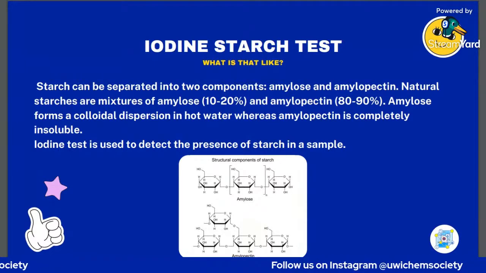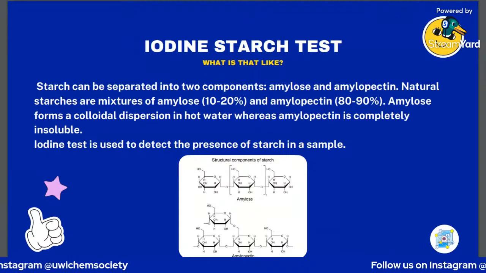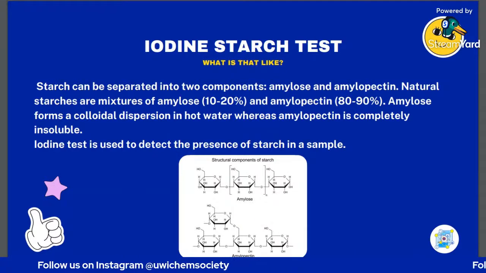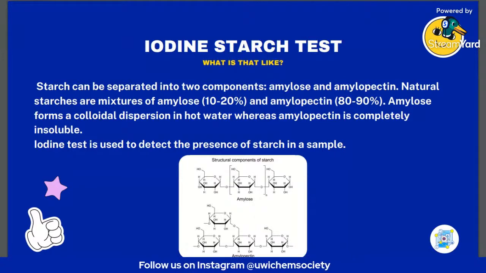All right, so the iodine starch test is used to identify the presence of starch, as the name indicates. But what we find is that starch is a combination of two main compounds, that is amylose and amylopectin. So naturally, starch is a combination of the two.